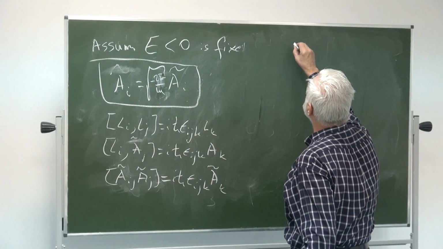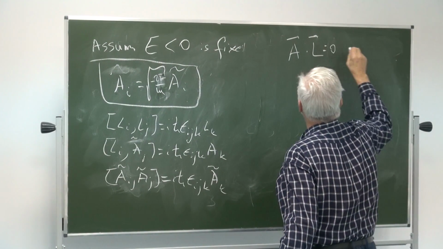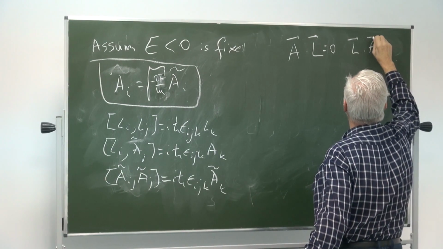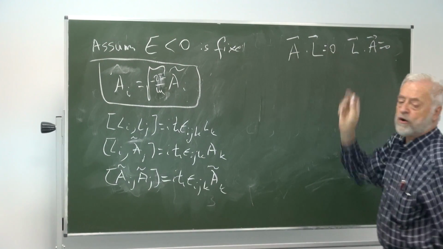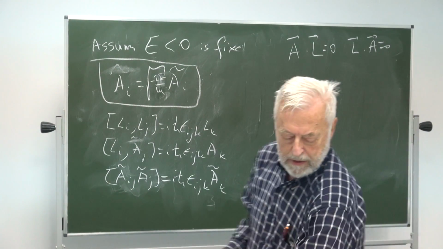One is sort of obvious, namely that the scalar product of A with L is 0, and so is the one with the wiggle. This is kind of obvious. Classically they are orthogonal, and here also they are orthogonal.